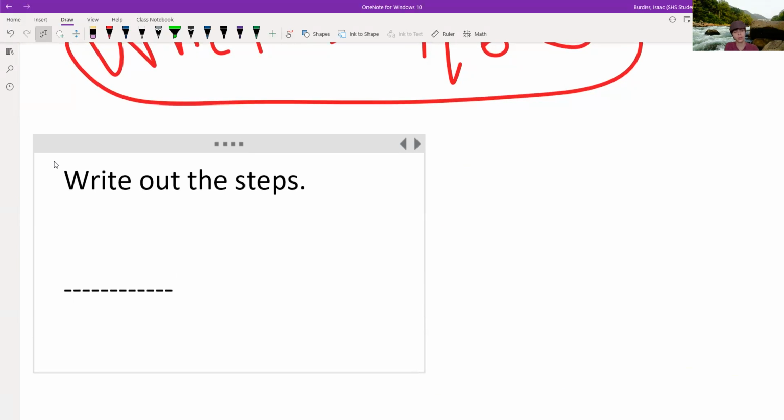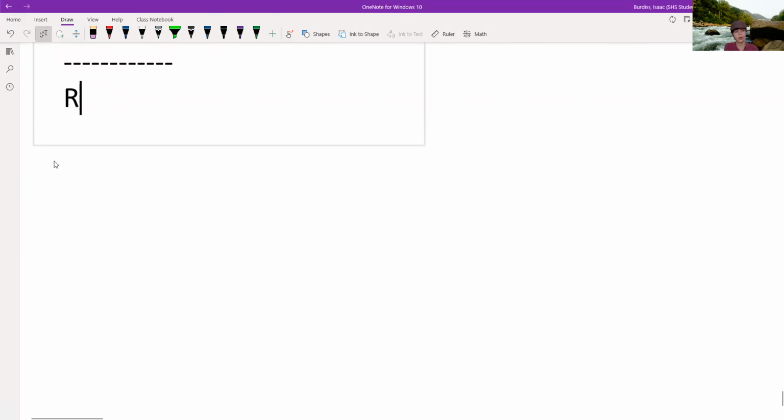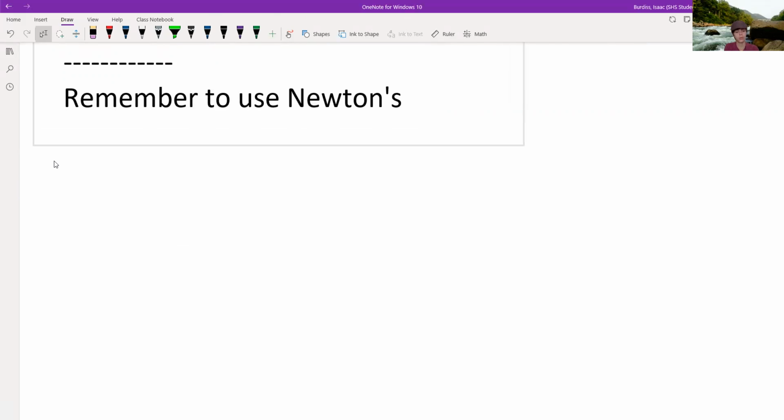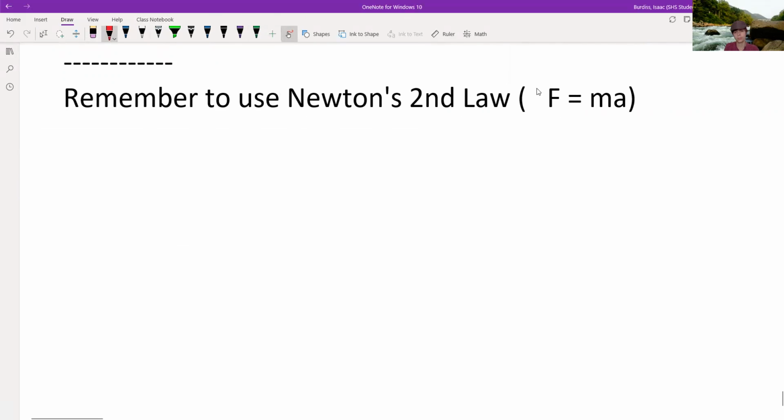And for the other things, remember to use Newton's second law, which is the sum of the forces equals ma.